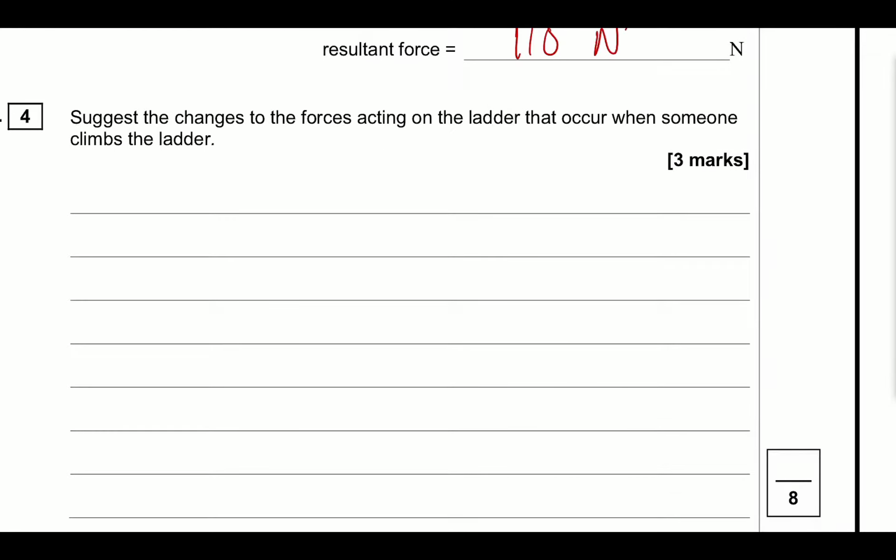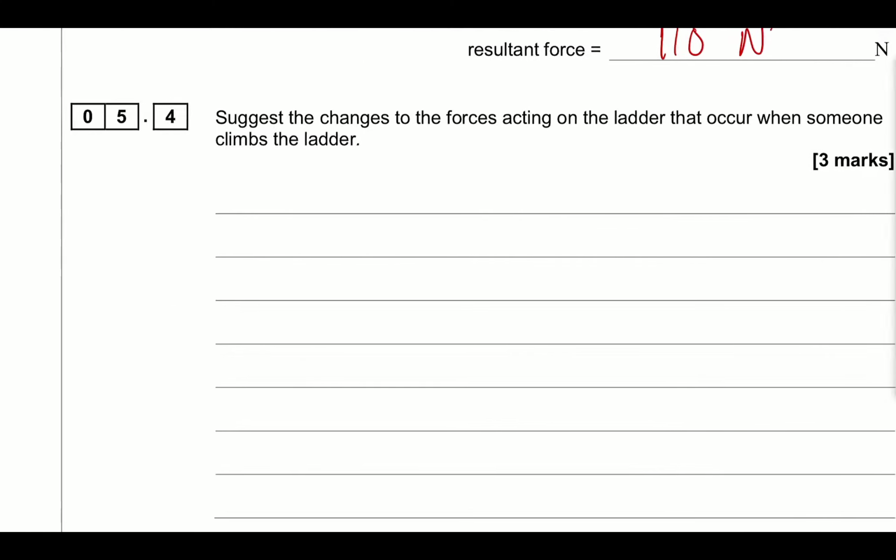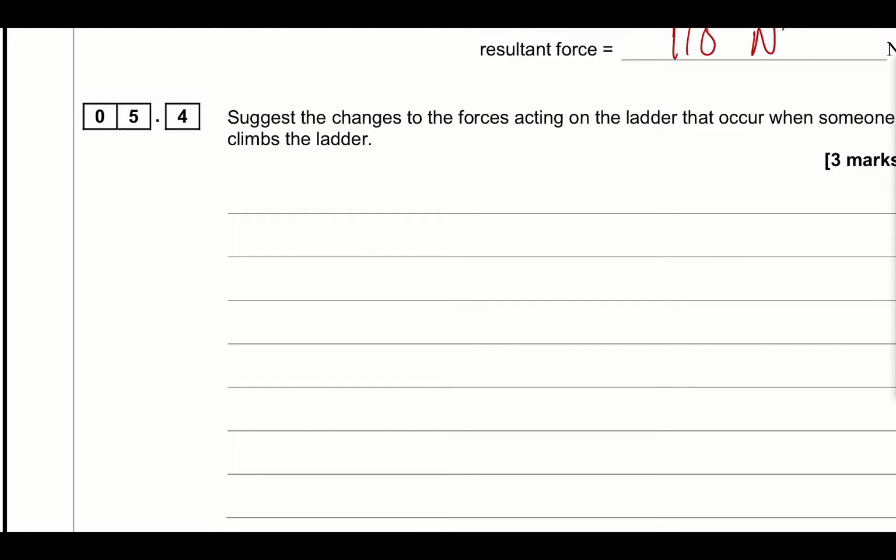Suggest the changes to the forces acting on the ladder when someone climbs the ladder. So when somebody climbs the ladder, the reaction from the ground will increase.